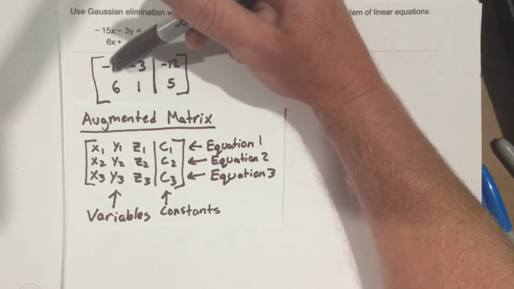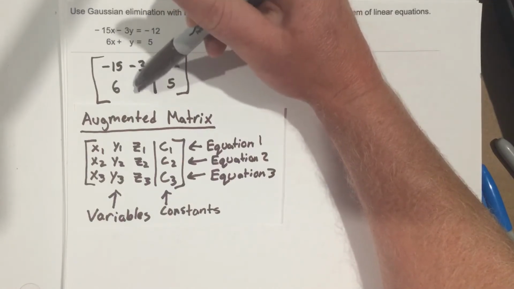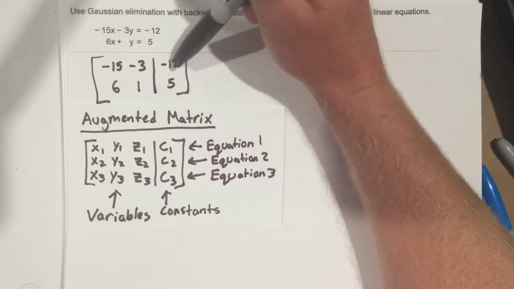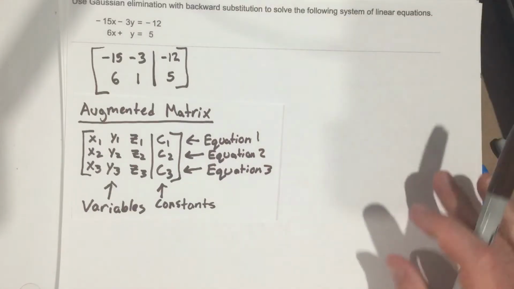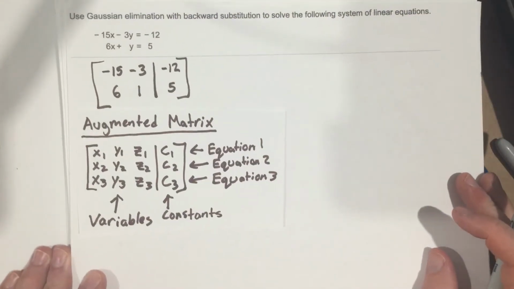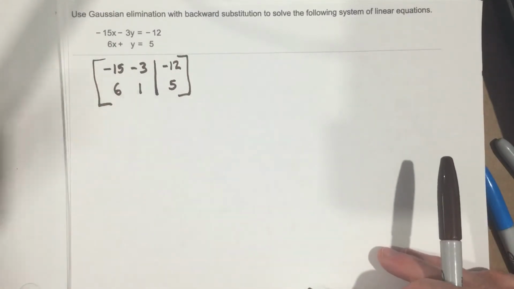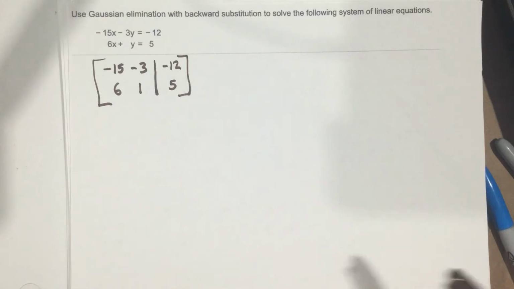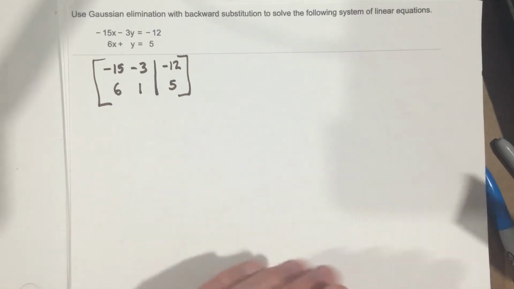Now this column stands for the x values. This column stands for the y values. And this column is the constants. As we go to solve this, just like when we solve equations, we want to get one x equal to something and one y equal to something.